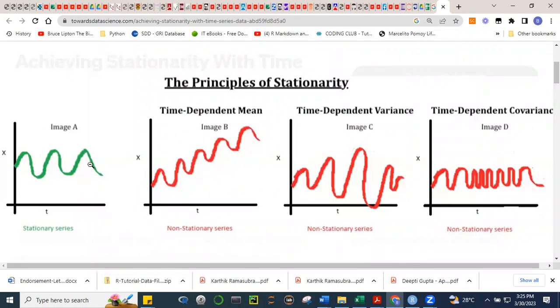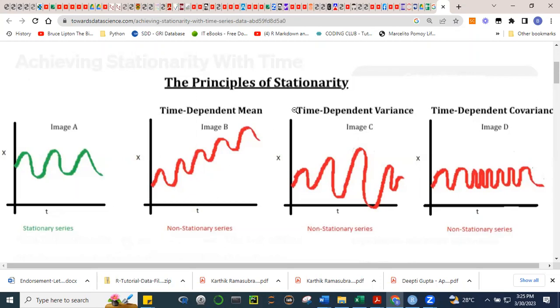When you say stationary series, there are two components there. Number one, it has a constant mean. When you say constant mean, it means that there's no trend. If you take a look at this, across time, the mean of this time series does not change. Unlike this one, this is non-stationary with respect to mean, the average.